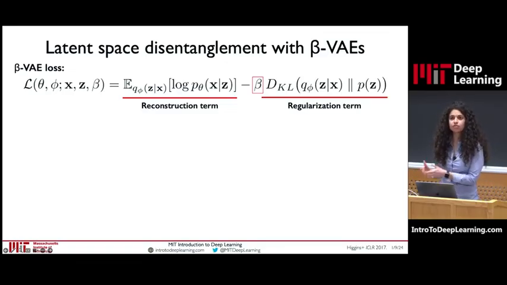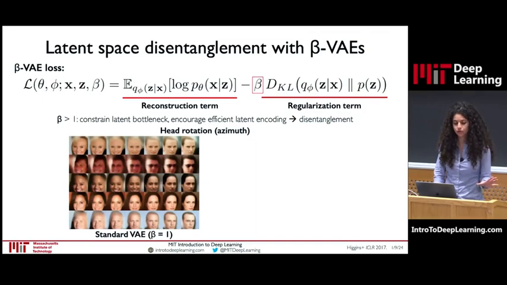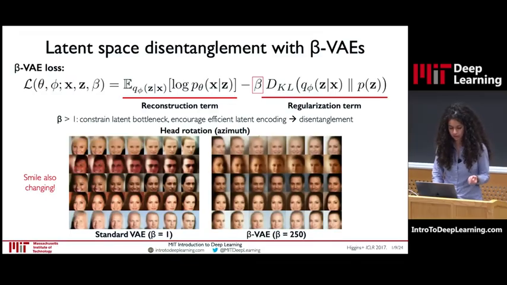And there's this slight variant of a VAE called a beta VAE that just says, okay, if we put a weight on the regularization term that's greater than 1, it can constrain the latent bottleneck to basically be encouraged to disentangle these distinct variables such that now you can get more interpretable and better disentangled features with greater weights on the regularization term.